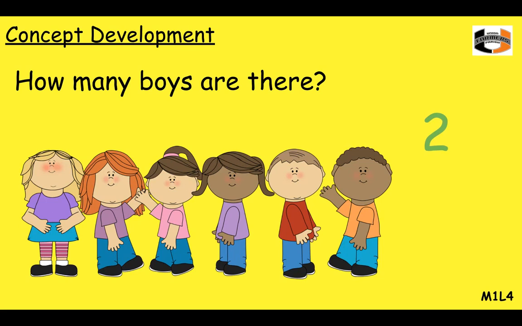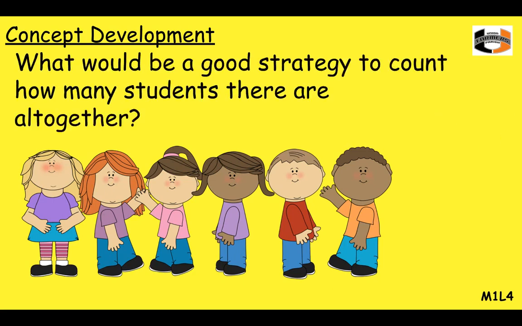Right, there are 2. How many girls are there? Right, there are 4 girls. What would be a good strategy to count how many students there are altogether? Counting on.